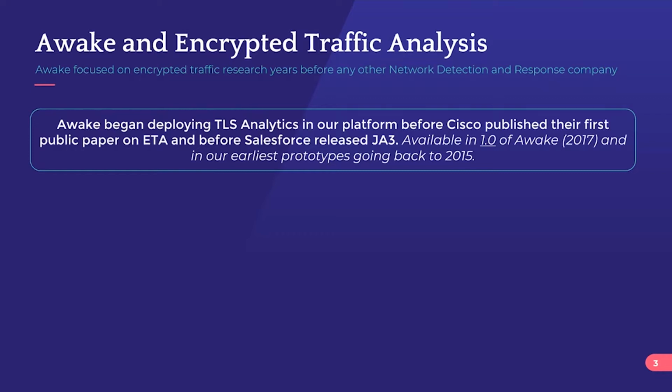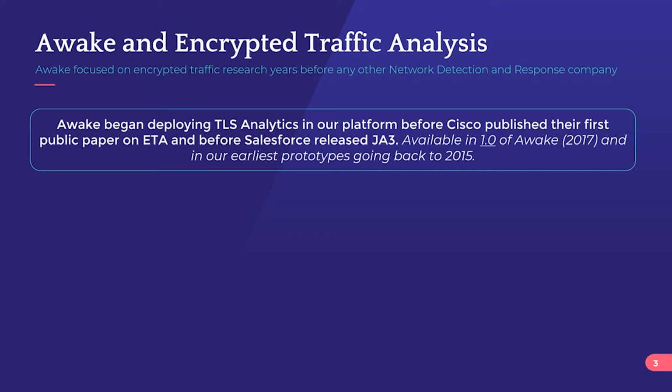When we formed the company, encrypted traffic, TLS, was a surprisingly small percentage of network traffic. But of course, the writing was on the wall, and we knew we needed to address it to be a powerful and relevant network detection and response platform moving forward.